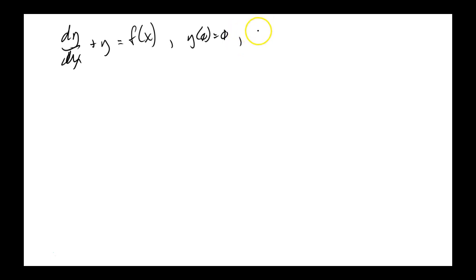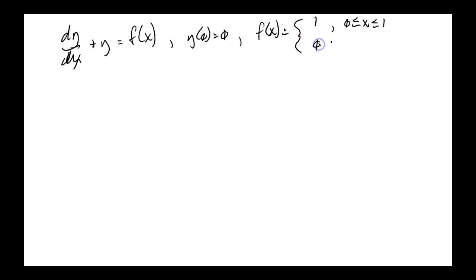Where your f of x is equal to, here are the two pieces, 1 for 0 less than or equal to x less than or equal to 1. In other words, the right-hand side is equal to 1 between 0 and 1, including 0 and 1.